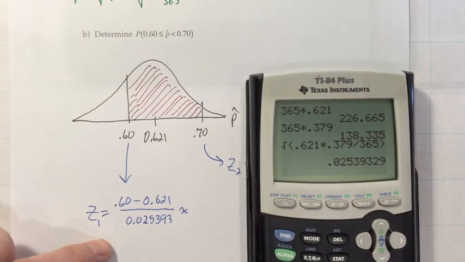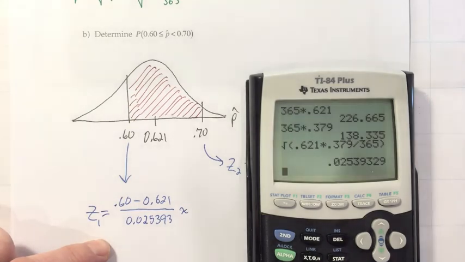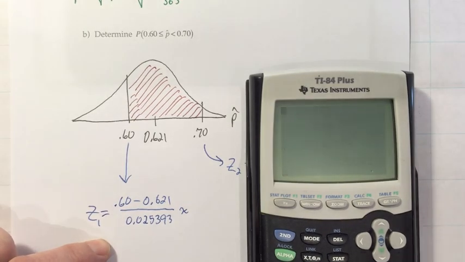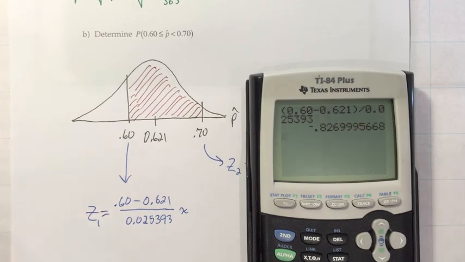So let's do this one right here first. Parentheses around the numerator of z-scores all the time. So there's our subtraction, and divide by 0.025393. So there's my first z-score. We always put exactly 3 decimal places on z's, so that'll be negative 0.827.